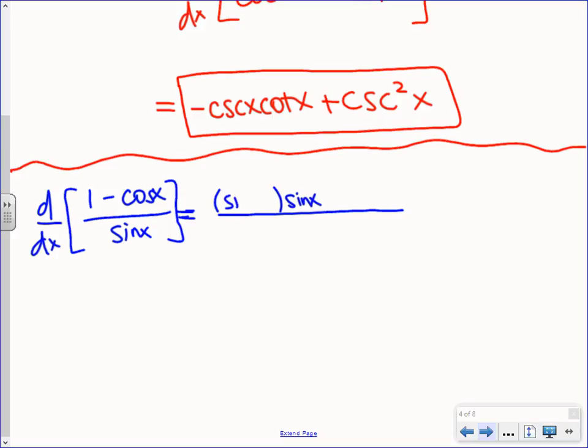Positive sine, okay? Minus high d low. What's the derivative of our denominator? All over low squared. Okay.